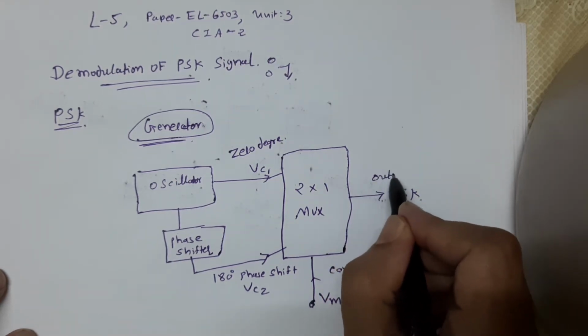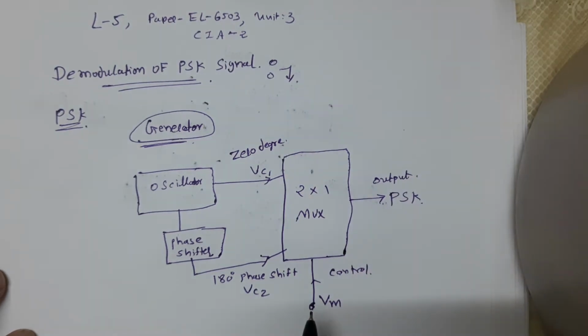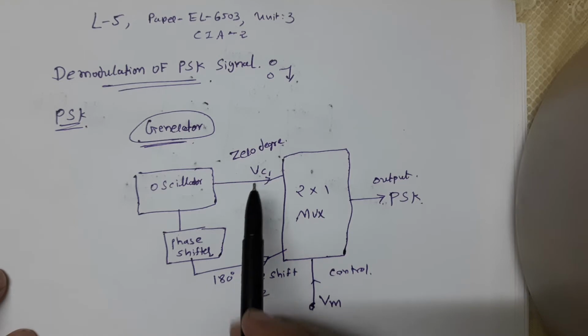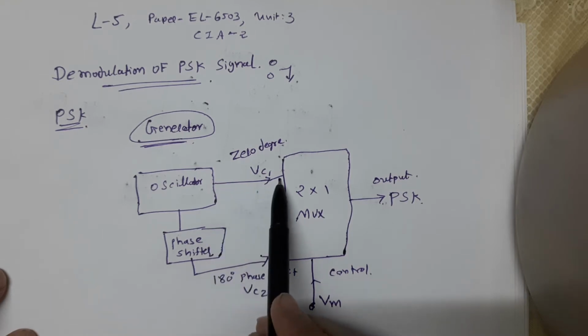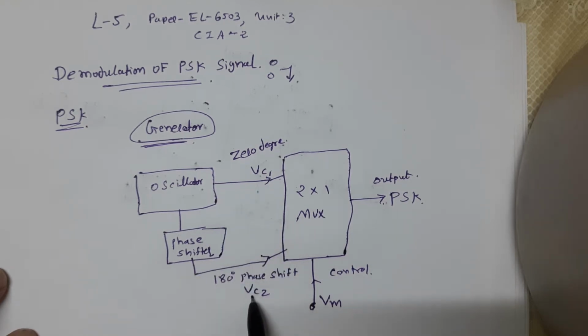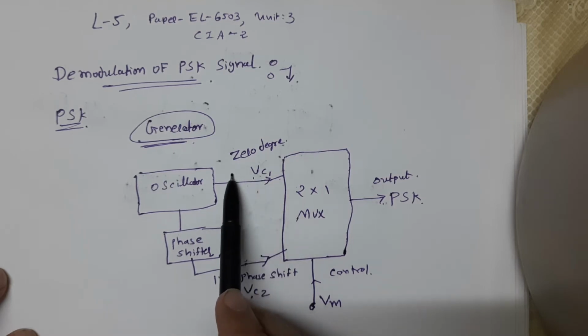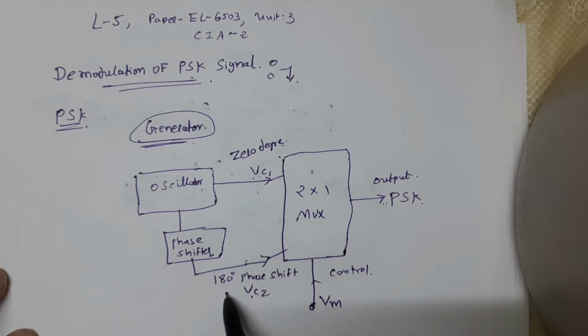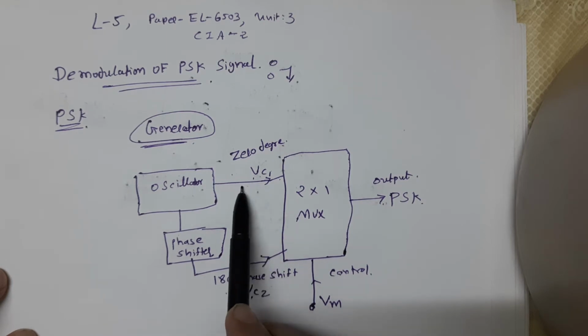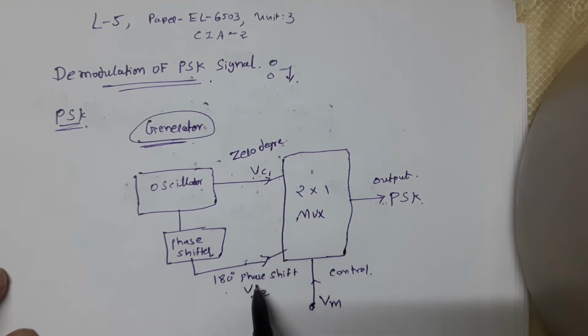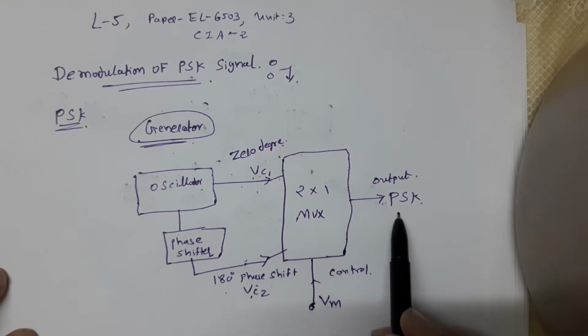This is our output. So we first get one signal VC1, then the second signal VC2. The change between them is a 0 degree change and a 180 degree phase shift. Whatever the signal here, the signal there is a 180 degree phase shift, and we are getting PSK.